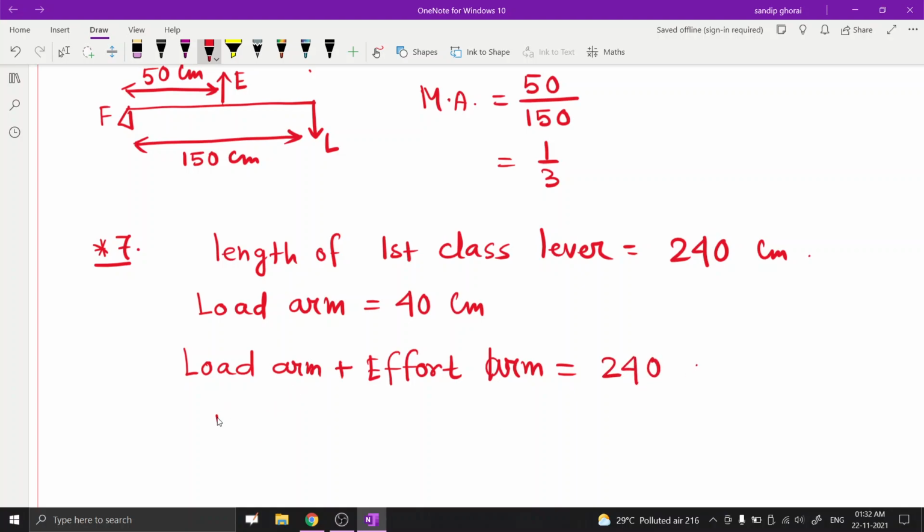Here the load arm is given, so what is its effort arm? Simply effort arm is equal to 240 minus 40, that means 200 centimeter. In this way we solve different types of problems on simple machines.